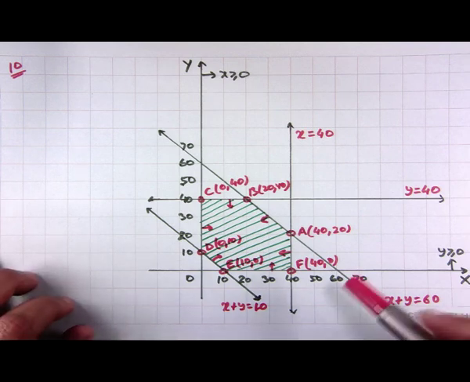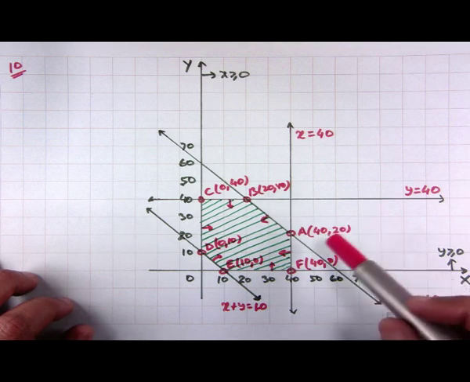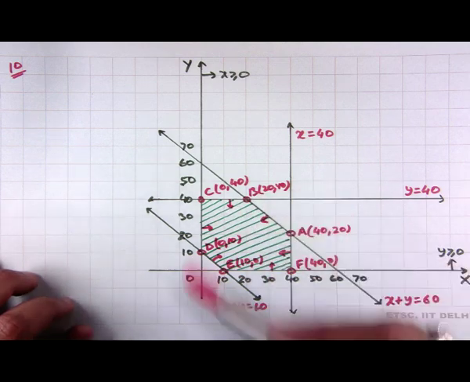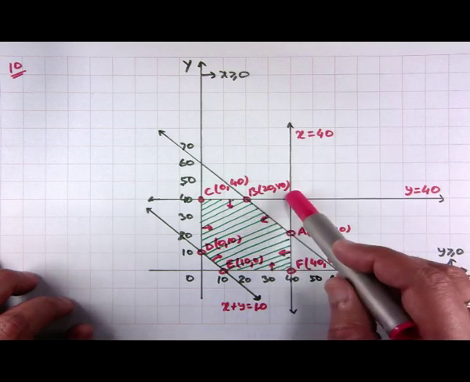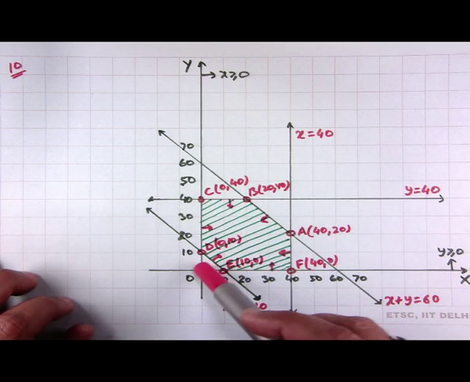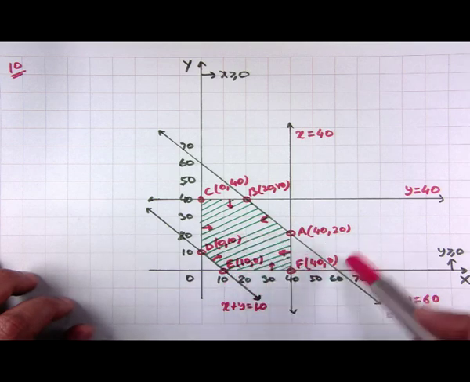So we have 6 corner points: A (40, 20), B (20, 40), C (0, 40), D (0, 10), E (10, 0), and F (40, 0).